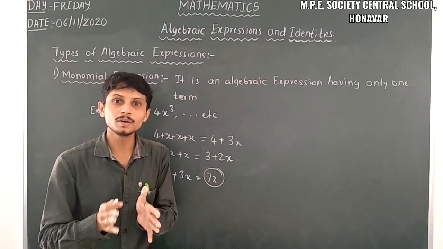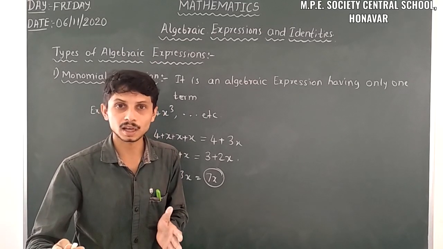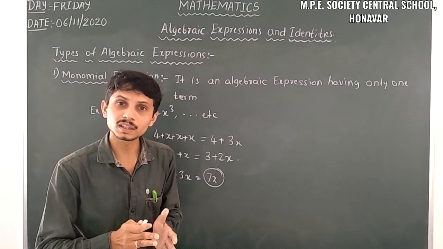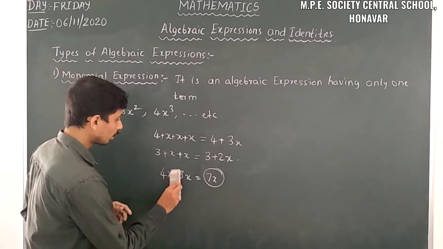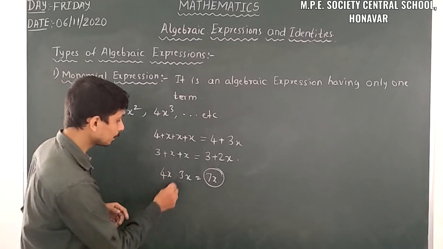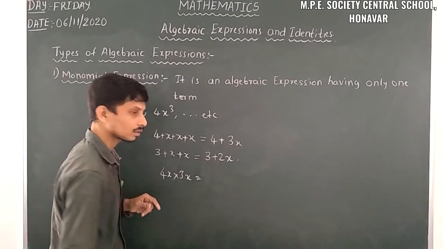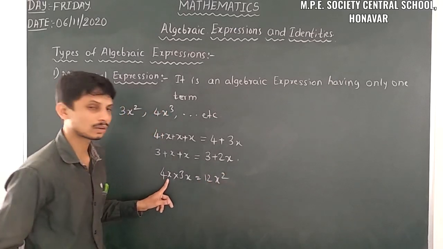So when we have two unlike terms together, it is along with addition or subtraction. If we have multiplication, it comes to 4 into 3, 12x square.